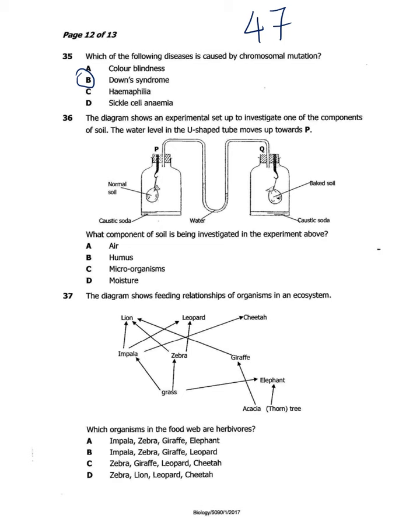The diagram below shows an experiment set up to investigate one of the components of the soil. The water level in the U-shaped tube moves up toward P. So the water is moving this direction. Then what component of soil is being investigated in this experiment?